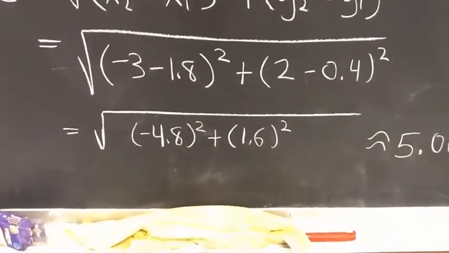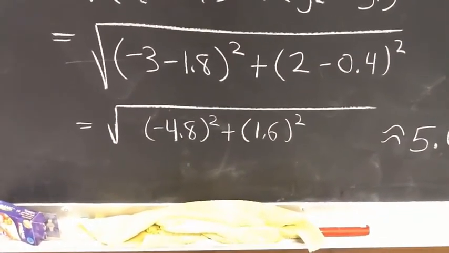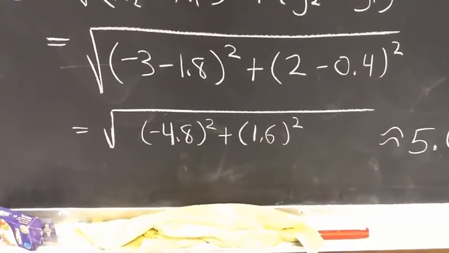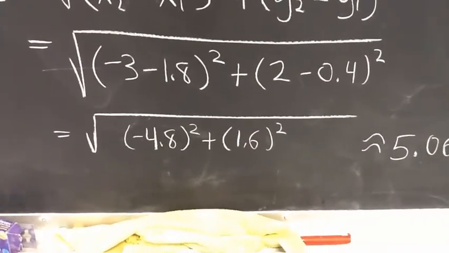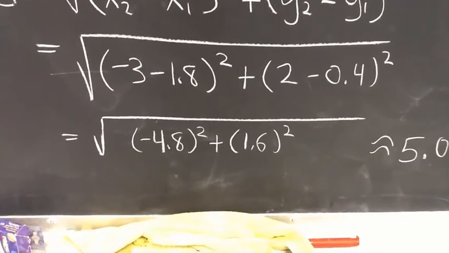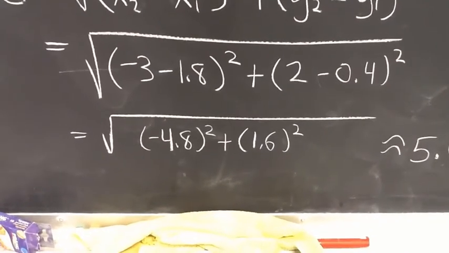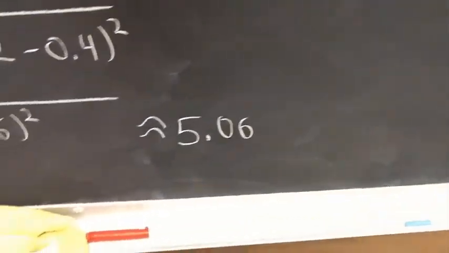This becomes the square root of negative 4.8 squared. Make sure to have the negative in parentheses. And 1.6 squared. I like to go to the hundredths place when dealing with distances. That's 2 decimal places.